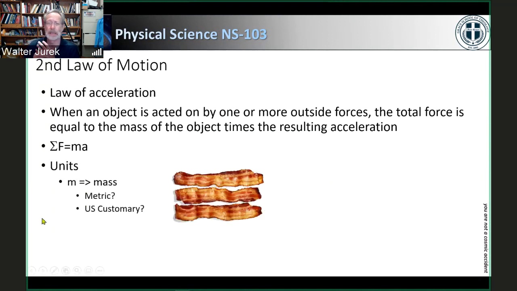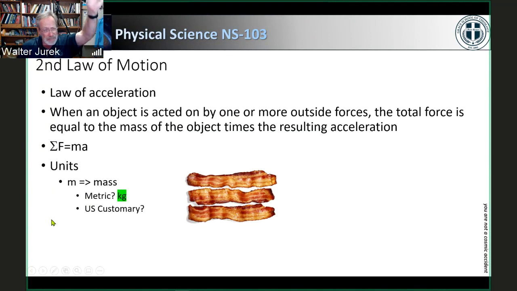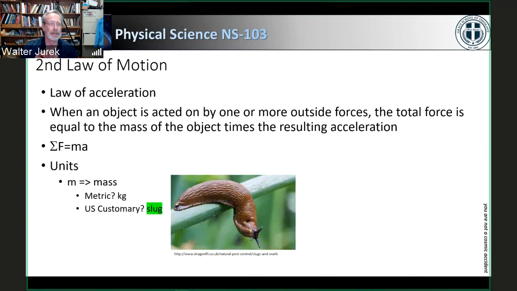Units for mass in the metric system, I've already hinted, is kilograms. Anybody know what the units for mass in the U.S. customary system is? It's the slug. Yes, Tony, it's the slug. Here in the U.S., the unit for mass is slugs.